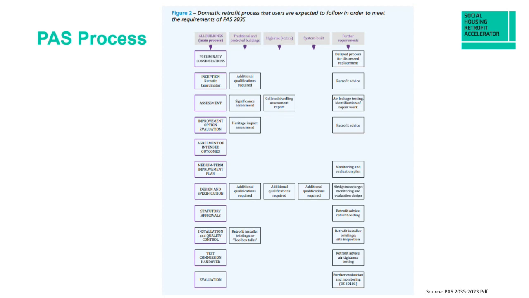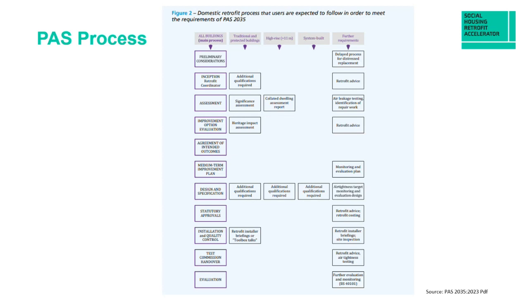The project then moves on following the design to installation and quality control, and that touches the PAS 2030 standard before passing back into PAS 2035 for the testing, commissioning, handover and ongoing evaluation.